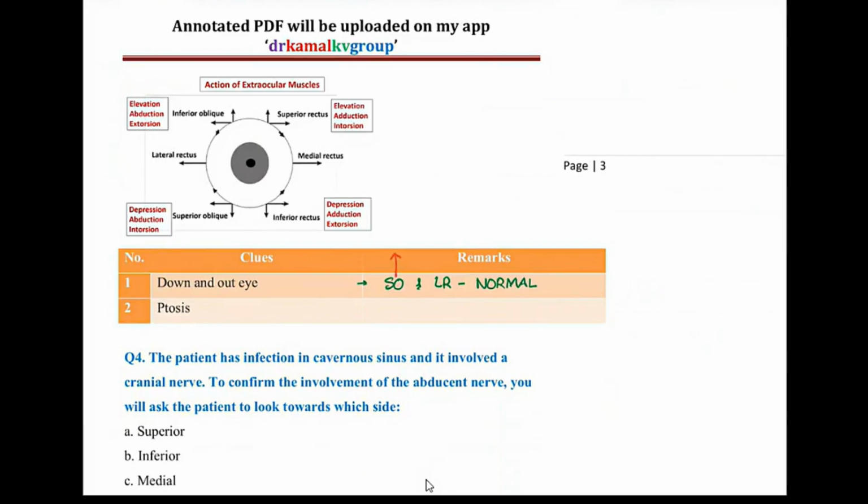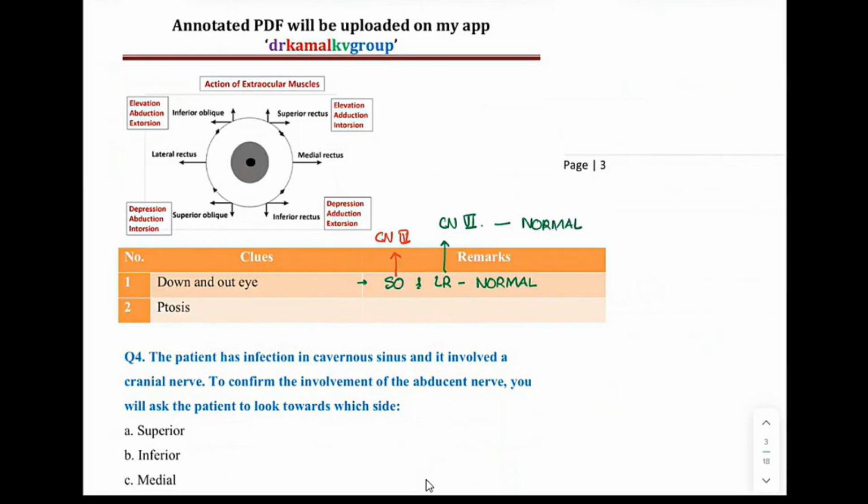Superior oblique is supplied by trochlear nerve, that is cranial nerve 4, and lateral rectus is supplied by abducens, that is cranial nerve 6. So these are also normal. Ptosis, we can say that it is because of paralysis of levator palpebrae superioris, which is supplied by cranial nerve third. So it means the cranial nerve third is paralyzed. That comes the answer here.